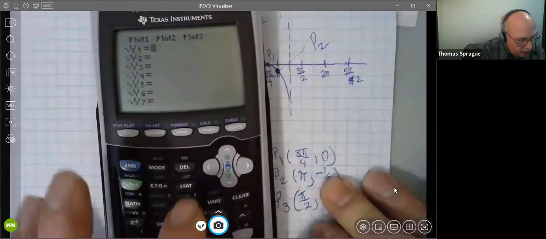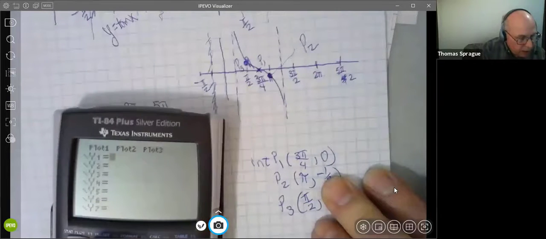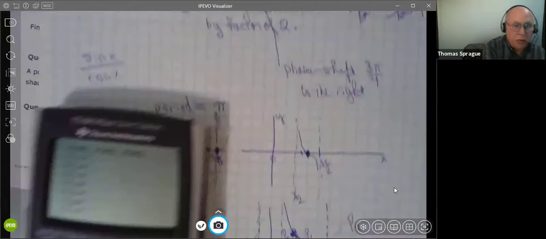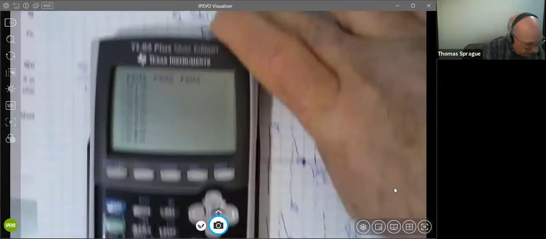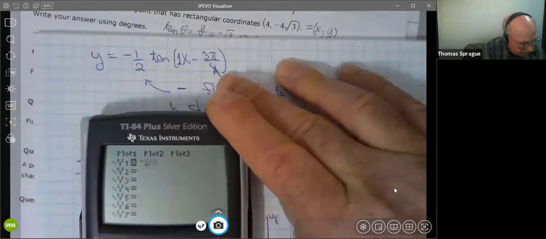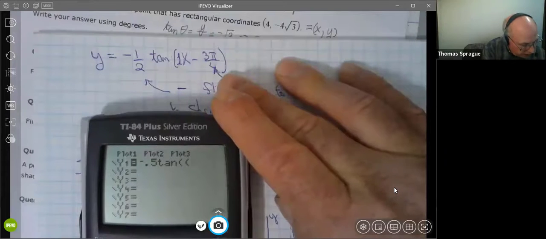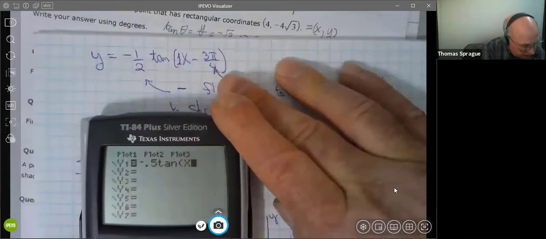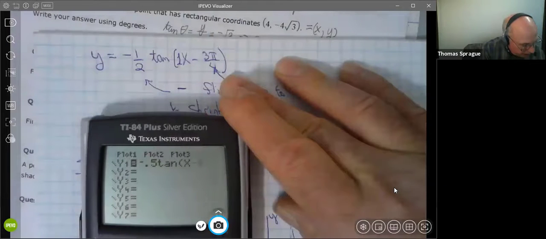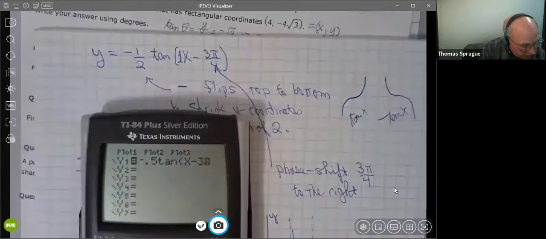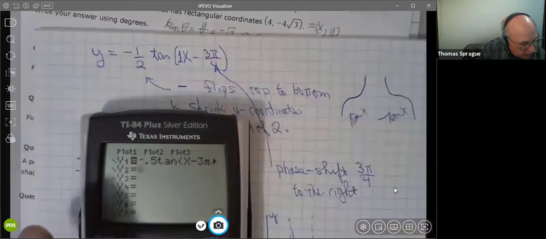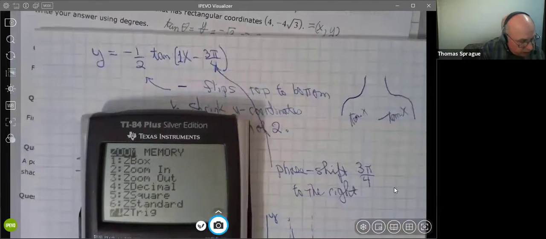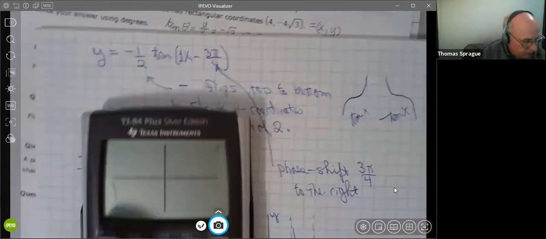All right, confirmation. Here's my function up here, minus 1/2 times the tangent of the quantity x minus 3 pi over 4. And let's take the standard trig window and see what that does for us.